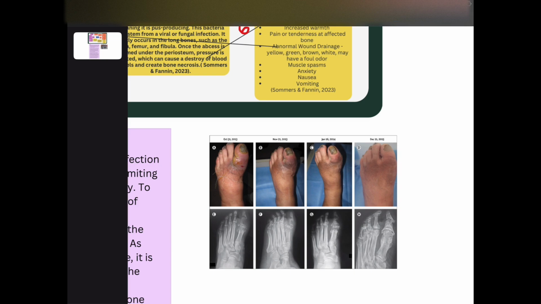Osteomyelitis is kind of complicated because we have that cycle of infection and necrosis, and the body is trying to heal, but it's difficult because if the necrosis and all that dead tissue is not taken out, the infection is just going to stay in that area.